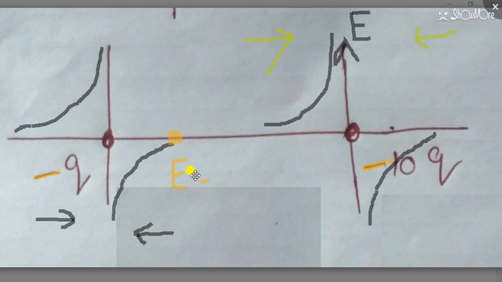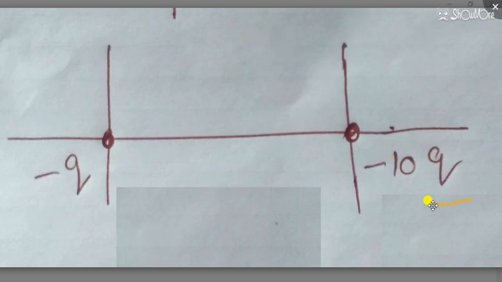Now I am erasing the drawing. You can take the screenshot of it, and then I will draw the final answer. Its final answer will be the electric field representation: negative electric field will be in this direction, positive, so this can be the graphical representation.